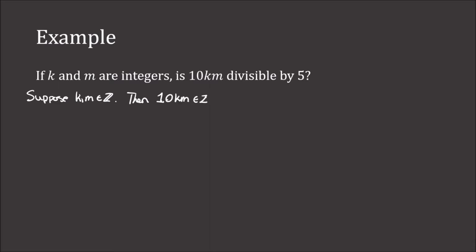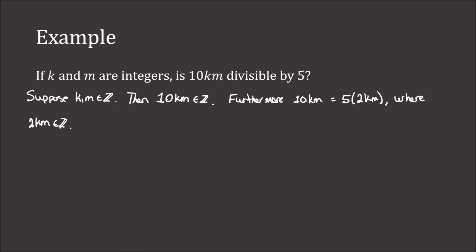It is a product of integers. Now, we can write 10km as 5 times 2km, and 2km is the product of integers, so it is an integer.